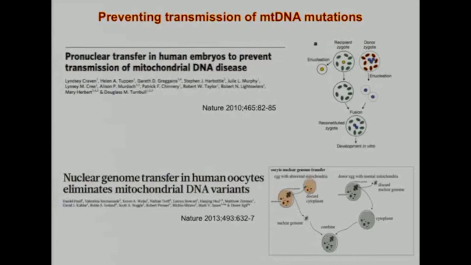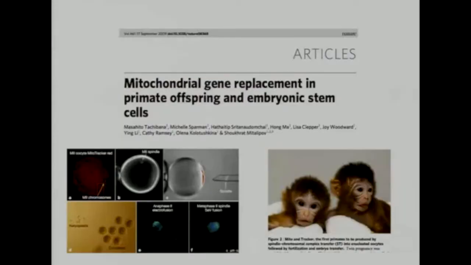So 3 parents, right? Think about it. And I talked about that in this room a few months ago with the others. This approach has been used successfully in primates. There's a couple of monkeys that were born. These are macaque monkeys. They were generated after chromosomal spindle transfer at the oocyte level, and they used 2 subtypes of macaque monkeys with different mitochondrial DNA haplotypes, and they were born.